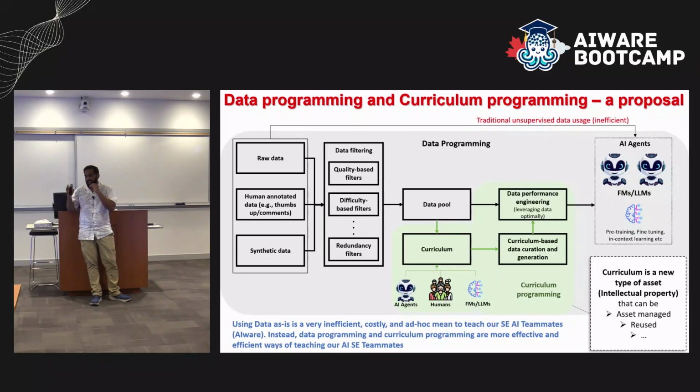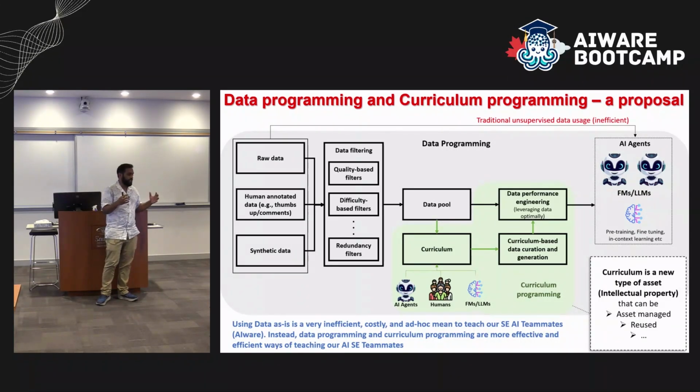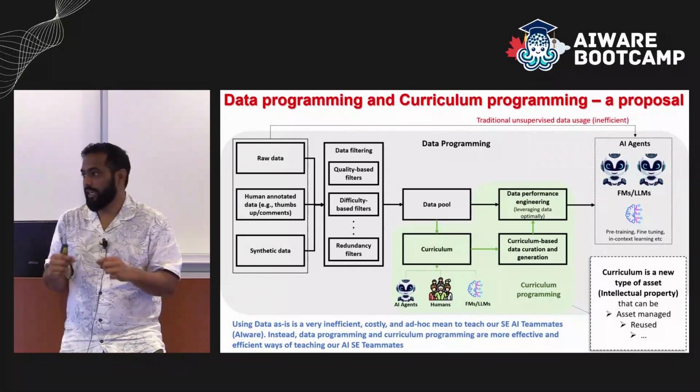With this data, we should first create the curriculum and then curate the data based on the curriculum, and have techniques to perform data performance engineering, which helps us feed our agents. This curriculum can be created by us or in collaboration with FMs and other agents too. That way, the abstraction level at which we deal with the whole data generation process is at a curriculum level rather than at the individual data level.